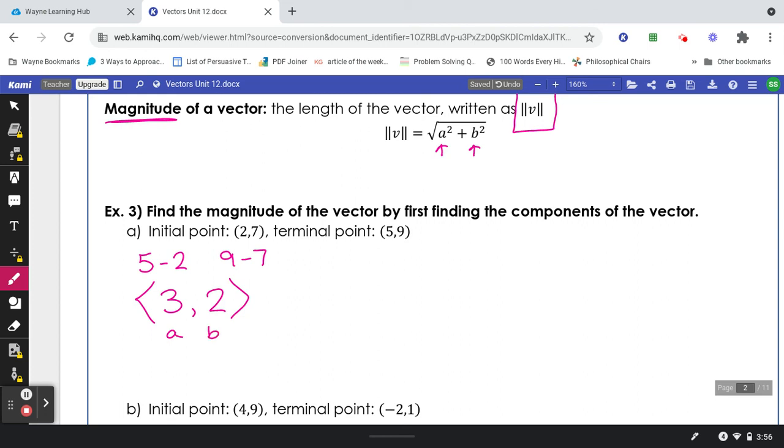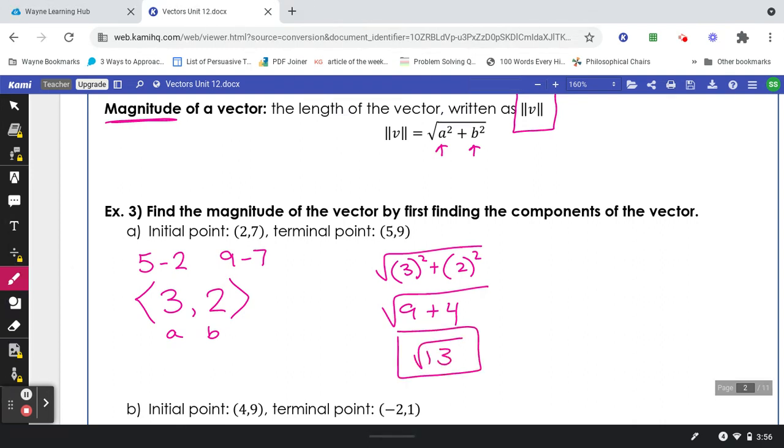And this can be our A and our B, and we can plug them in. 3 squared plus 2 squared is 9 plus 4, which is the square root of 13, meaning the length of that vector is the square root of 13. Just so you're aware, it would start right here. It would end at the point 3, 2. And this length right here, that distance, would be the square root of 13, which ends up being 3 point something.